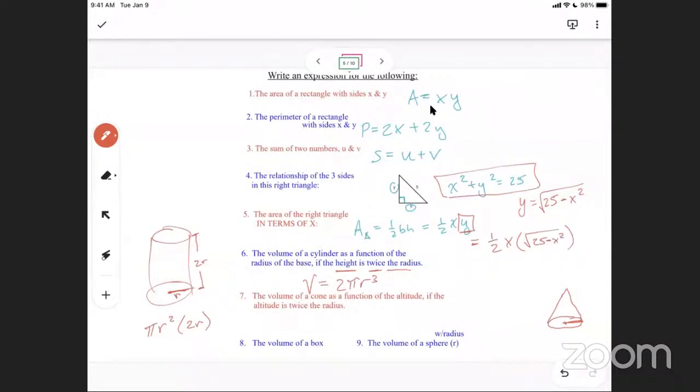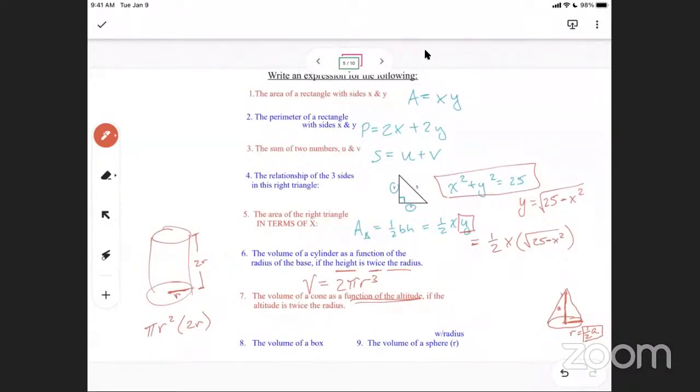This is the radius down here, and this is my altitude, we'll call it A. If the altitude is twice the radius, that means the radius is half the altitude. That's the relationship I need, and they want it as a function of altitude.